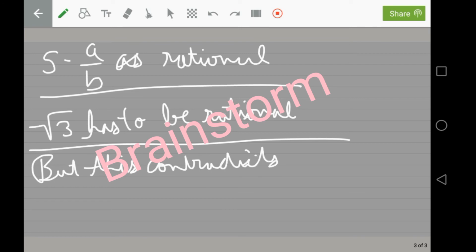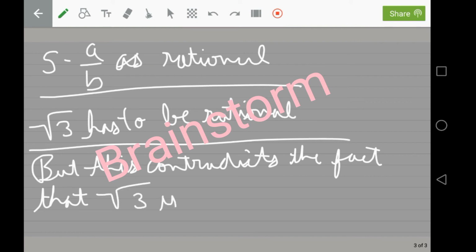So since root 3 is irrational, 5 minus root 3 also has to be irrational. Therefore we can write 5 minus root 3 is irrational.